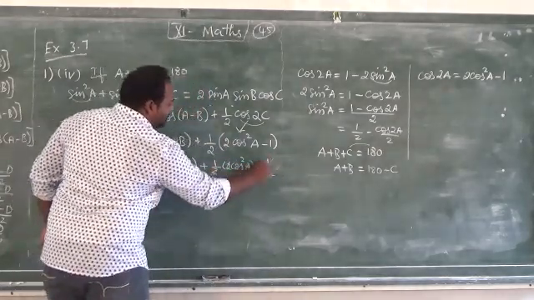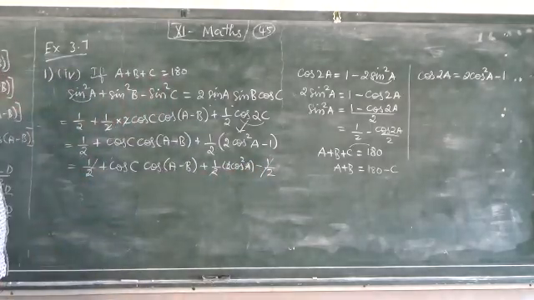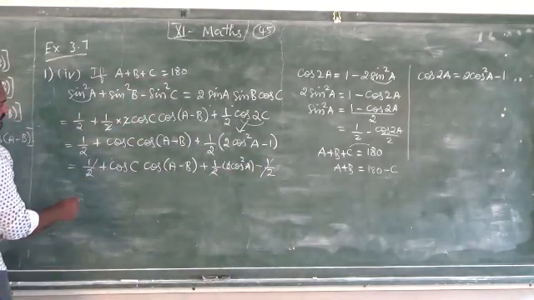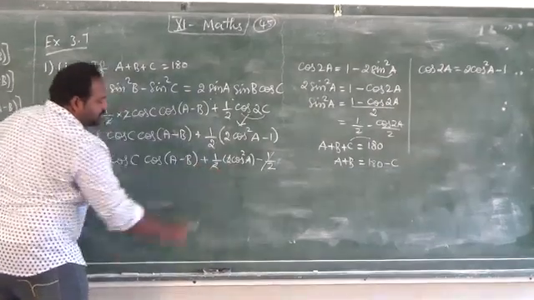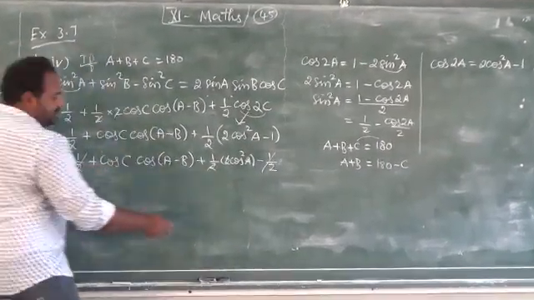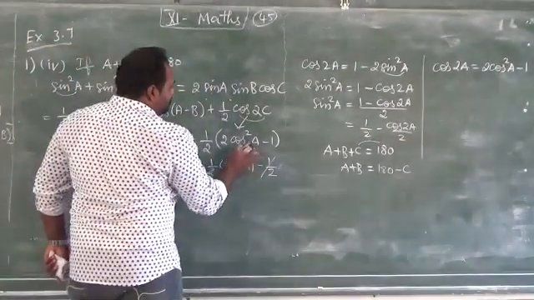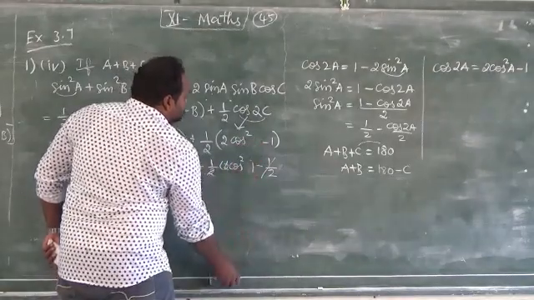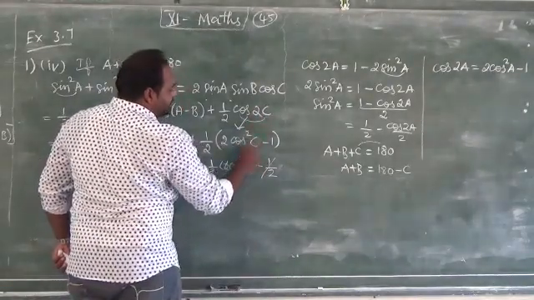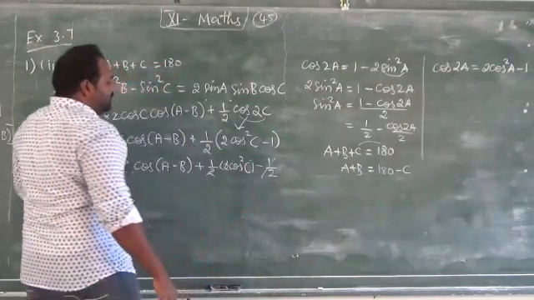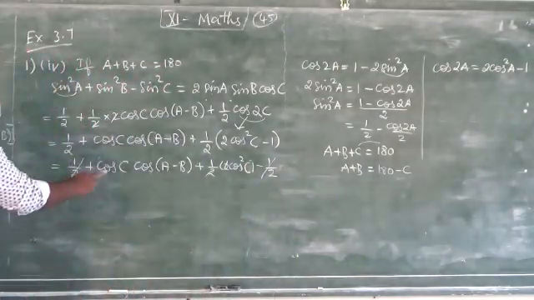This 2 cancel, minus 1 by 2 plus 1 by 2 will become 0. So all things are cancelled. Here we have a cos square alone. So here not A, because here we have a 2C, so it is C, the variable is C. So here cos square C.